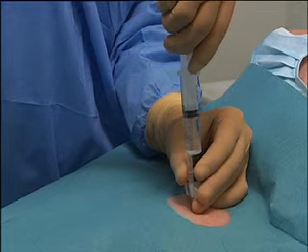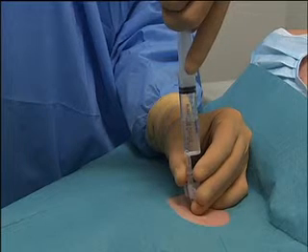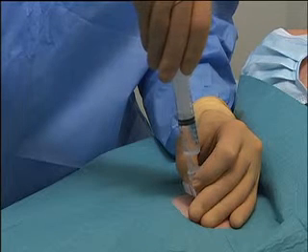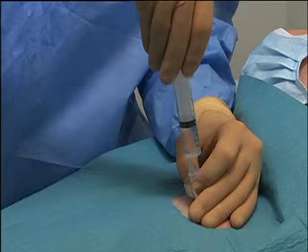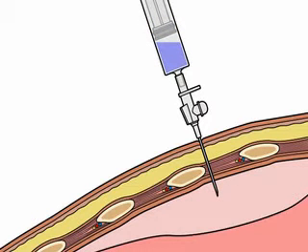Again, when the needle penetrates the pleural space, air bubbles will appear in the syringe. At this point, move the needle forward a few millimeters to allow the catheter tip to fully penetrate into the pleural space. The appearance of air bubbles will confirm that the catheter has progressed into the pleural space.